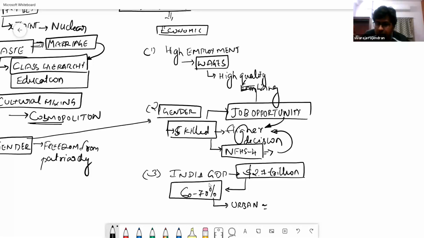So urban areas are engines of growth, correct? Engines of growth, I will write. So urban area economic impact are engines of growth.